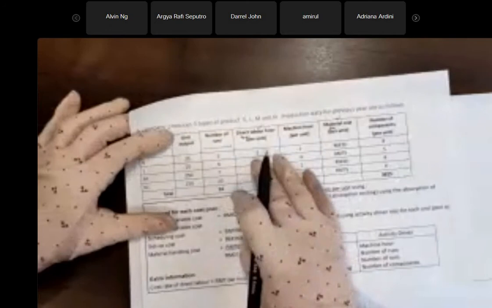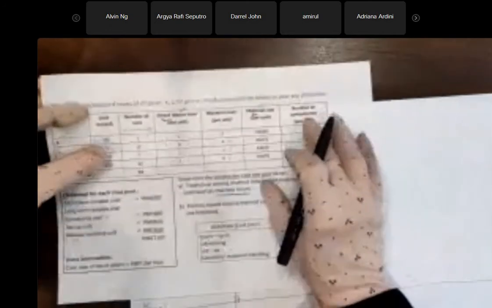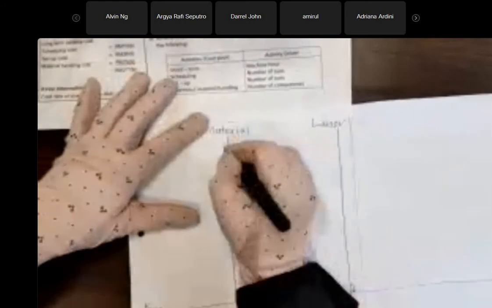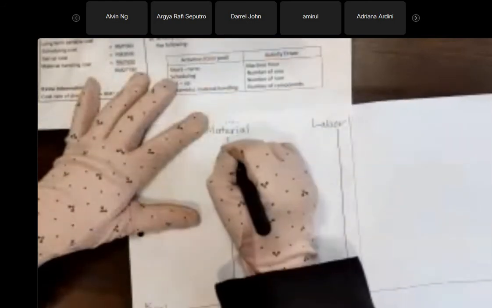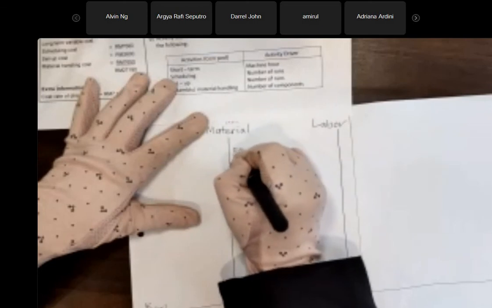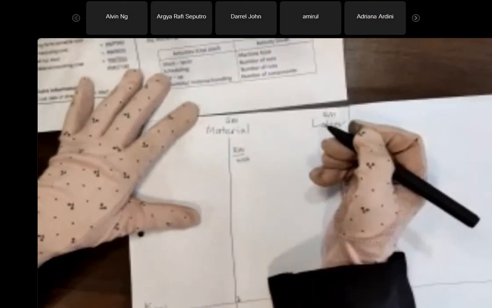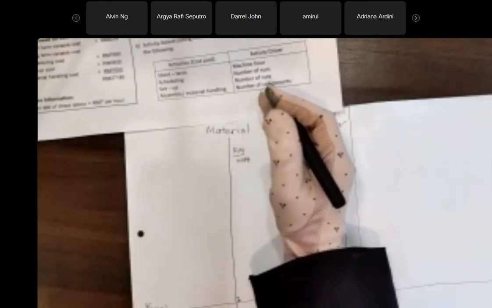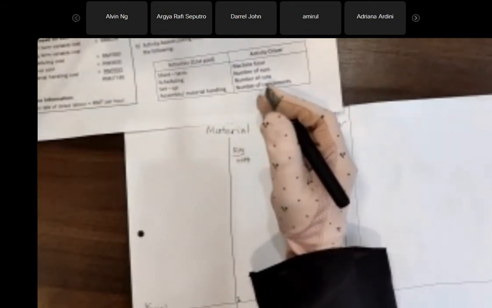Look at the data. For the material, what you have is RM per unit. So how to make it RM?